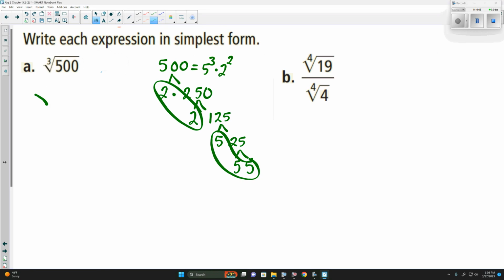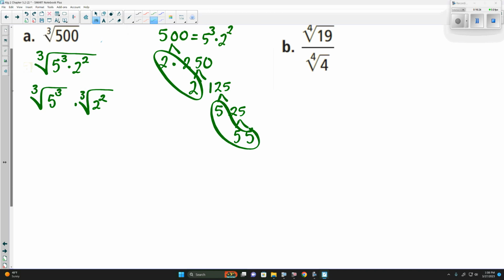So what we can say is the cubed root of 500 is the same as the cubed root of 5 cubed times 2 squared. And again, we can split those apart. The cubed root of 5 cubed times the cubed root of 2 squared. Well, the cubed root of 5 cubed is 5. Can we take the cubed root of 2 squared?